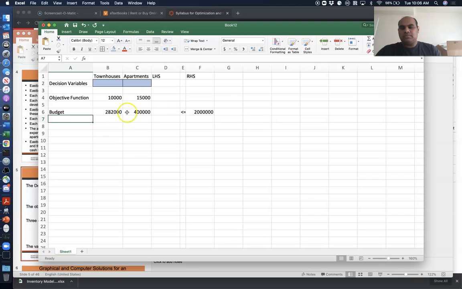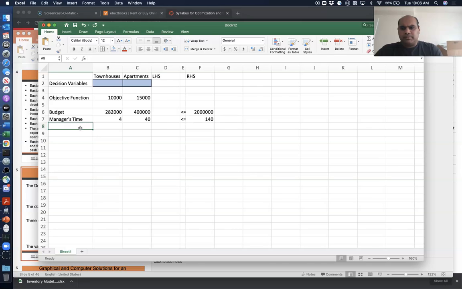The second one is the manager's time. The manager needs to spend 4 hours on townhouses per month and 40 hours on apartments per month, and this has to be less than or equal to 140, which is the total number of hours available for the manager.